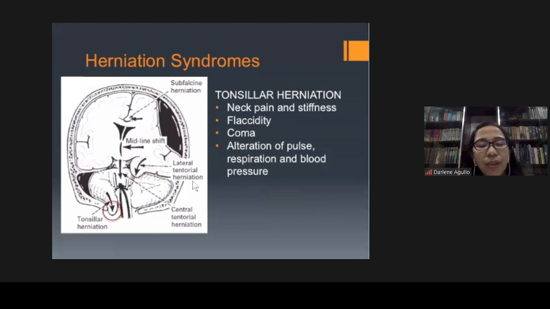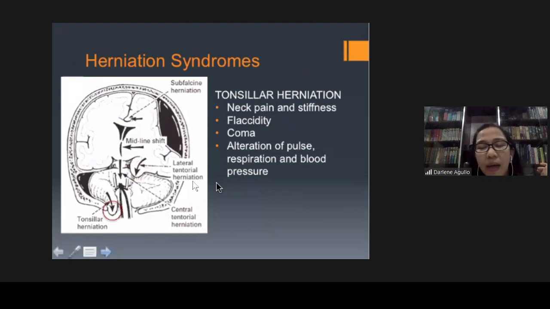Next is tonsillar herniation. So this is also known as transmagnal or transforaminal herniation. So this is the foramen magnum. Usually it's the cerebellar tonsils, no, that goes down. So tonsillar herniation, ito yung magmamanifest ng nuchal rigidity.